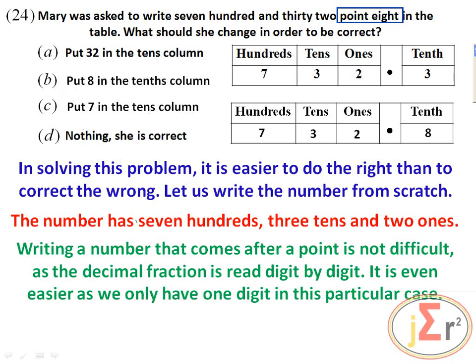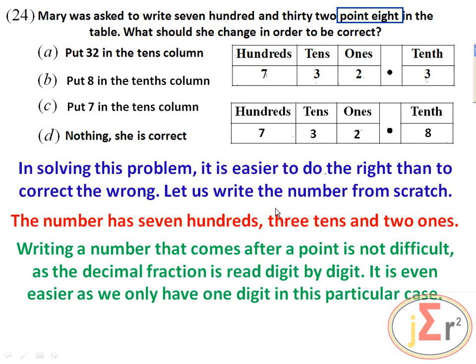Put 8 in the 10th column. Right. If we put 8 in the 10th column, then the number that we have here would have been corrected. So what we do is put the correct thing down first and see how what we have there matches with it.